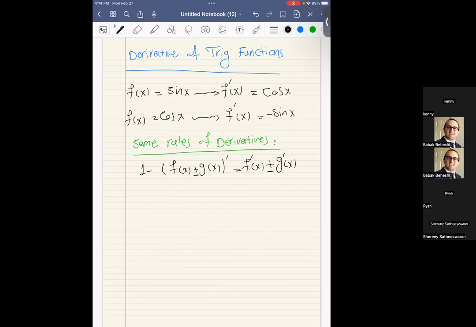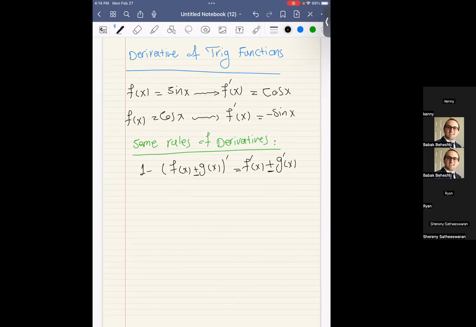So f x plus or minus g x, prime, is f prime plus or minus g prime. So this is true for both adding and subtracting.